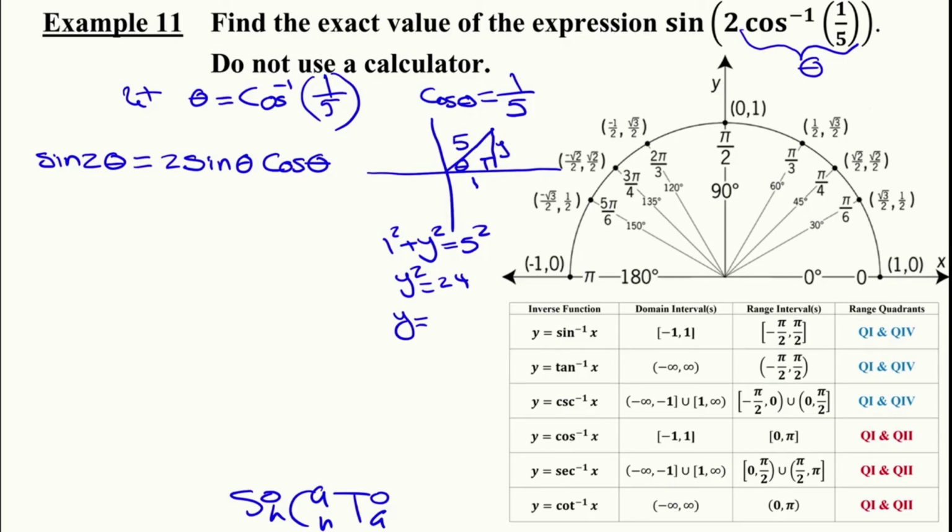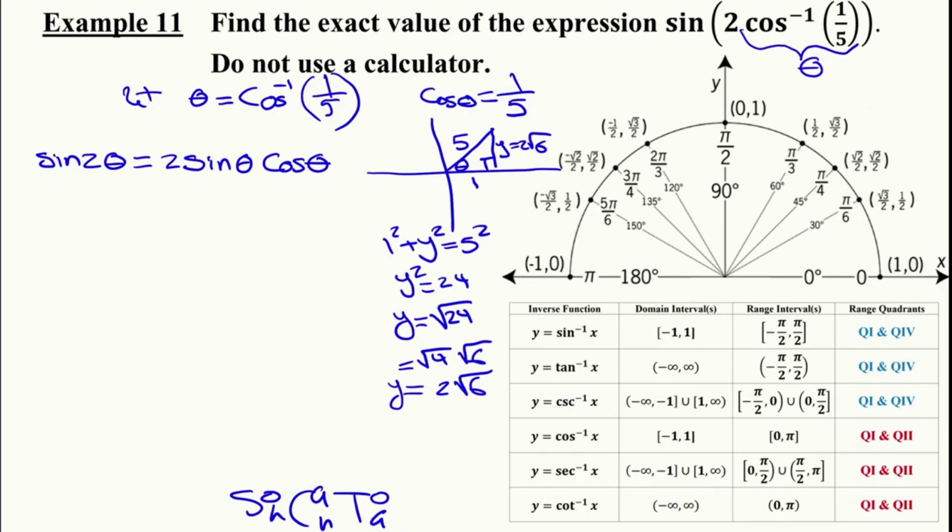So we're not going to say positive or negative square root of 24 as we normally would if we were just solving an equation. Because we have a particular situation here, we're going to say just the positive square root of 24, which of course we can break up as square root of 4 times square root of 6. So we have 2 square root of 6. So this value here now we know is 2 square root of 6.